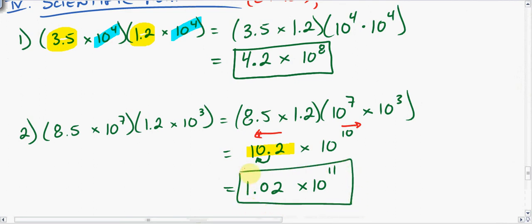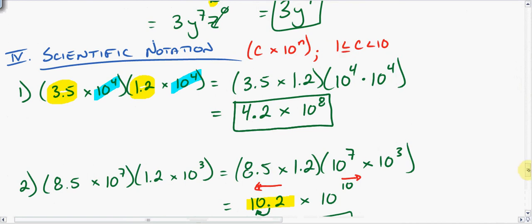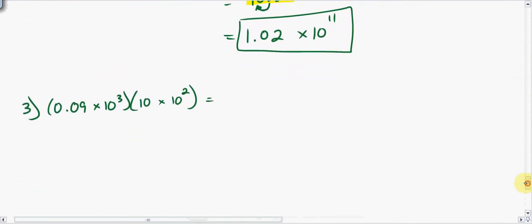Let's look at a scenario where we move the decimal not to the left, but to the right. That's going to happen when your C value falls below the number 1, and that's going to occur down here in number 3. I have the numbers in scientific notation: 0.09 times 10 cubed, and the second number is 10 times 10 squared.